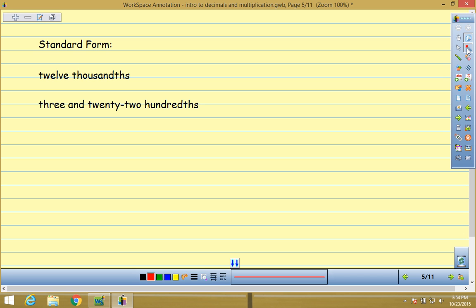Okay, let's look at this first one that we wrote. 12 thousandths. I don't have the word "and" in here anywhere, so that is my clue that I'm not going to have any whole numbers. So I'm going to start off with a 0 and then my decimal point. 12 thousandths. I know that I'm going to be going out to the thousandths place.